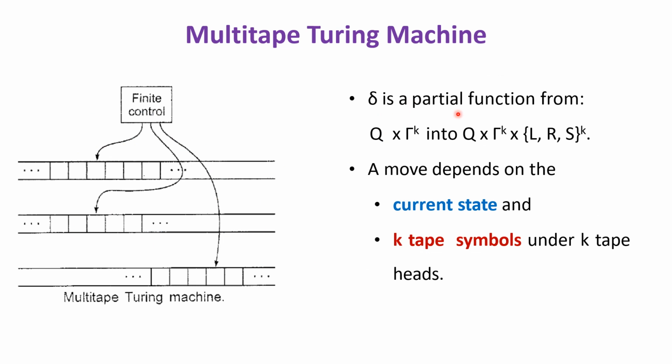And delta is a partial function from Q cross gamma raised to k into Q cross (gamma cross {L, R, S}) whole raised to k. The move depends upon the current state and the k tape symbols under the k tape heads.